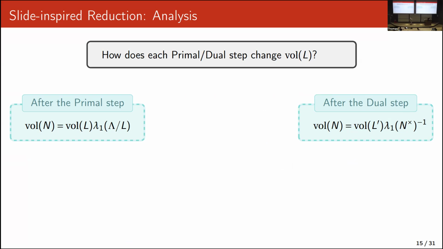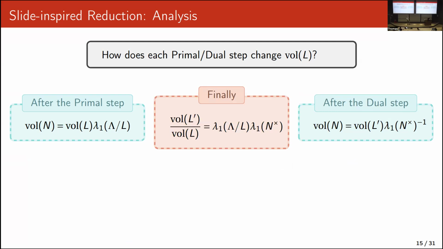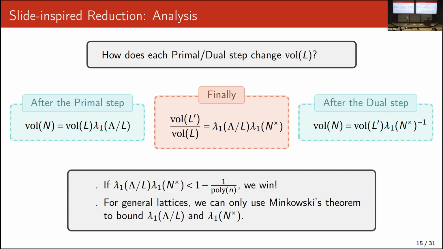And we can combine these two equations to obtain that the new volume for the sublattice generated by the first k vectors is decreased by this multiplicative factor, which is a product of two shortest vector norms. So now if this product is strictly less than 1, then we win, because we know that repeating this will decrease the volume until this volume is minimal. But for general lattices, we don't know much about a bound on this product.